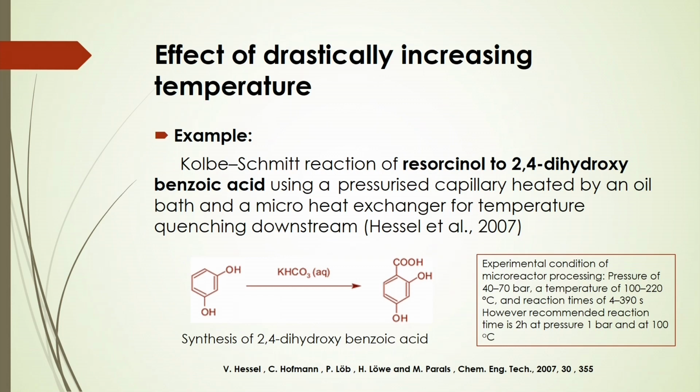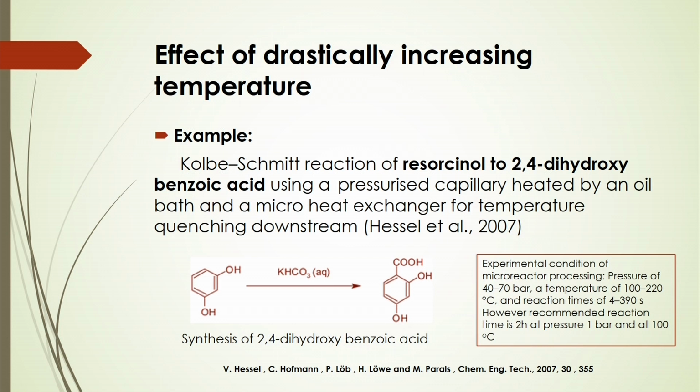In that case, if you use a pressurized capillary system heated by an oil bath, with a micro heat exchanger for temperature quenching, you can get an increase in the yield of this reaction, and under certain conditions of pressure and temperature, you may get intensification of this process.